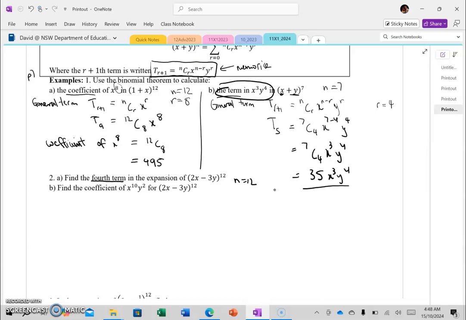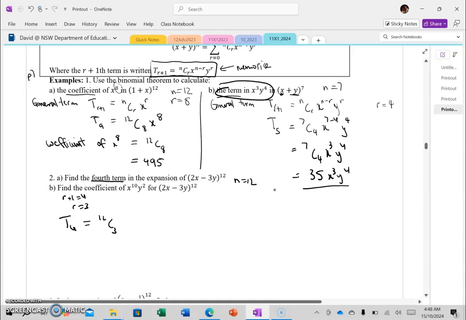So let's start off by writing out the general term. Actually, I'll just substitute straight in. So t4, if it's the fourth term, r plus 1 is 4, so r is going to be 3. So n is 12, r is 3. Let's substitute in. So we're going to get t4 is equal to nCr, which will be 12C3.